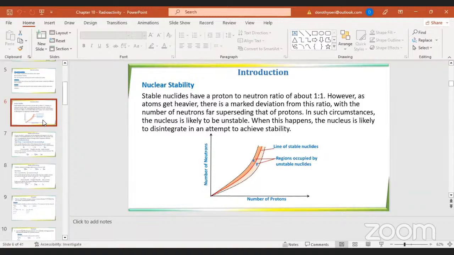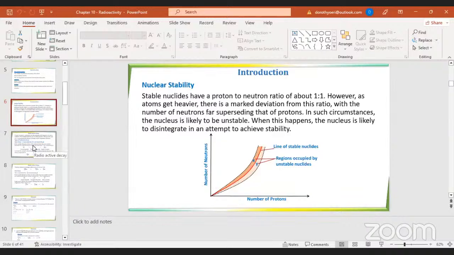That is, the proton-neutron ratio is not 1:1, and therefore it is on the other side. If it's on the upper side, the number of neutrons is more than the number of protons. If it's on the lower side, the number of protons is greater than the number of neutrons. And therefore, during its decay, or when it disintegrates in an attempt to achieve stability.